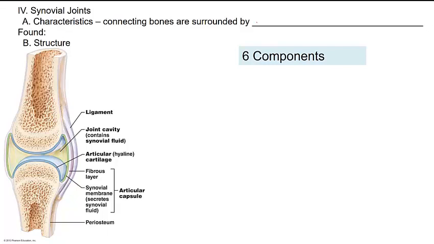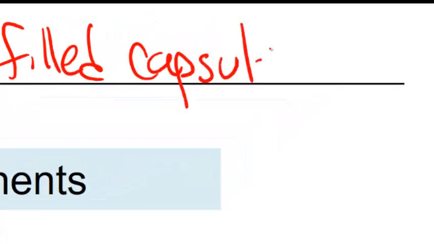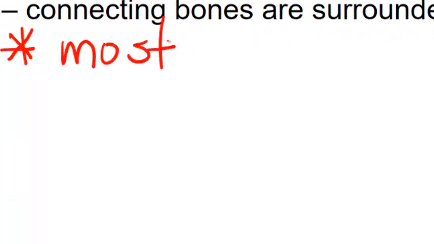Synovial joints exist when the connecting bones are surrounded by a fluid-filled capsule. These are the most common type of structural category. So in other words, most joints fit into the synovial joint category for structure.